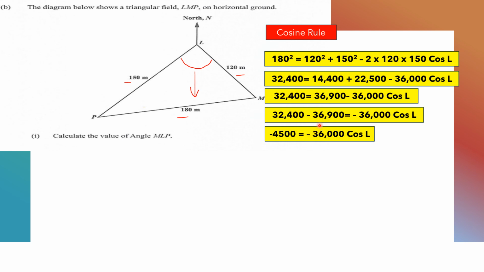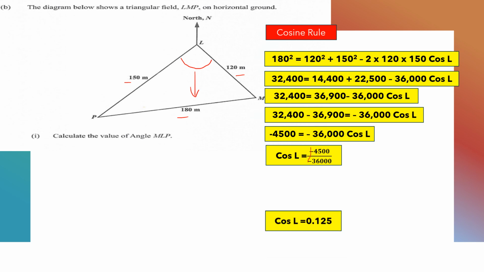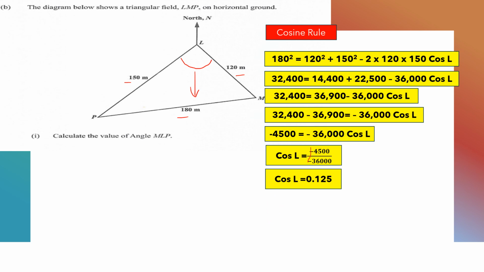When we take that away, we're going to get negative 4,500 equals the negative 36,000 cos L. Now we are trying to find cos L, angle L. So cos L is going to equal negative 4,500 over the negative 36,000. Those two negative signs are going to cancel. We're going to divide 4,500 by the 36,000, and that's going to give us 0.125. So we're going to find the cos inverse of 0.125, which is equal to 82.8 degrees.